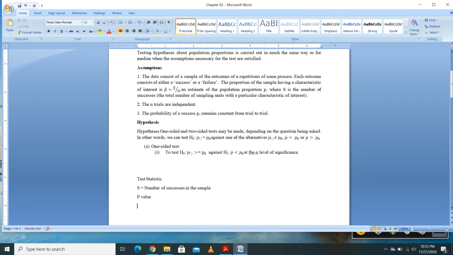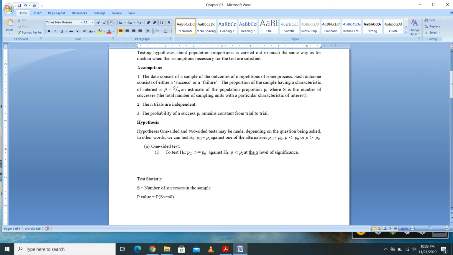When you calculate the p-value, the p-value is equal to the probability that the test statistic is less than or equal to the observed value of the test statistic.